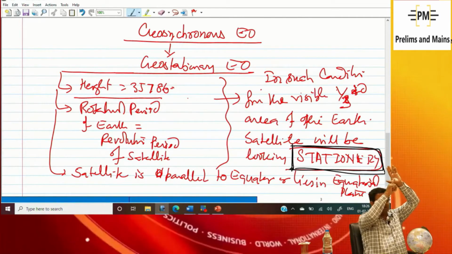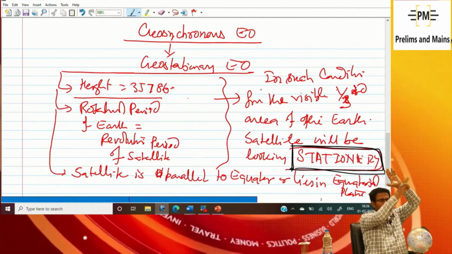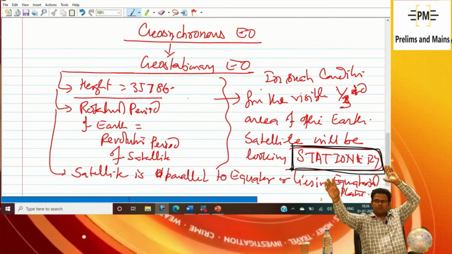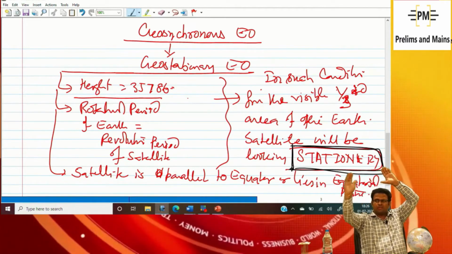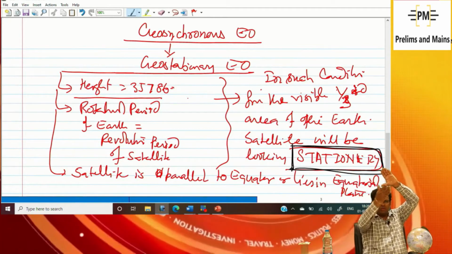From each respective building you are stationary, yes or not? From the first building you are here, you are not changing your position. From the second building you are also here. From the third building you are also here.